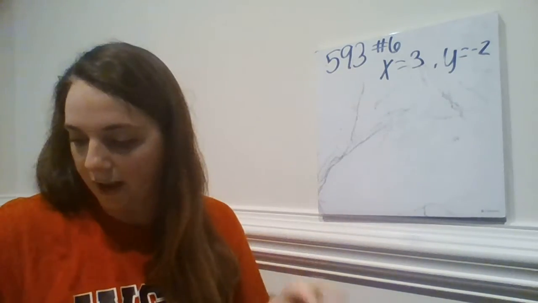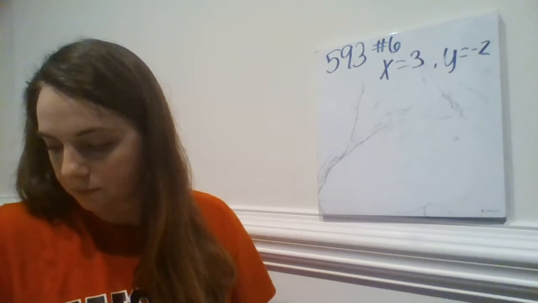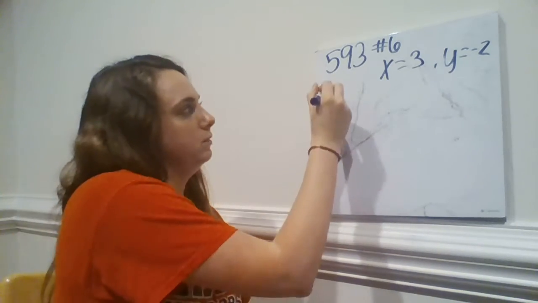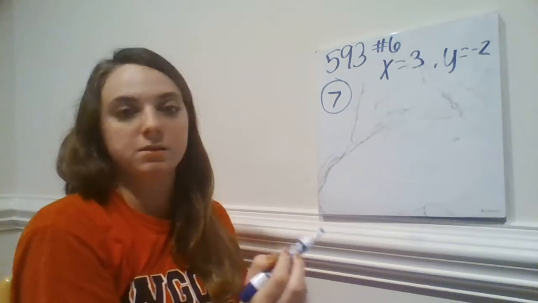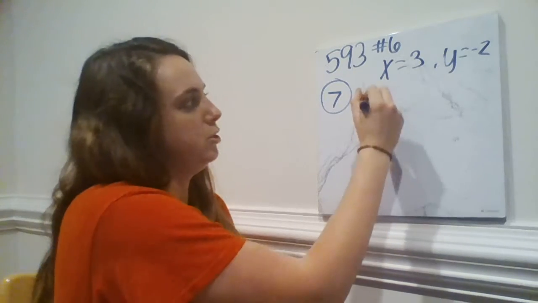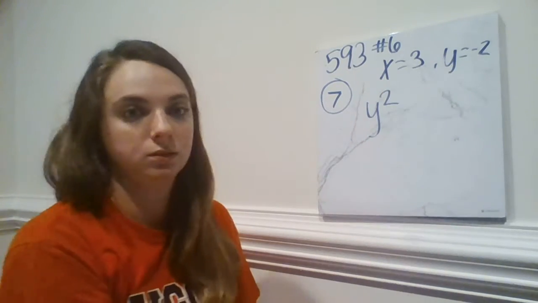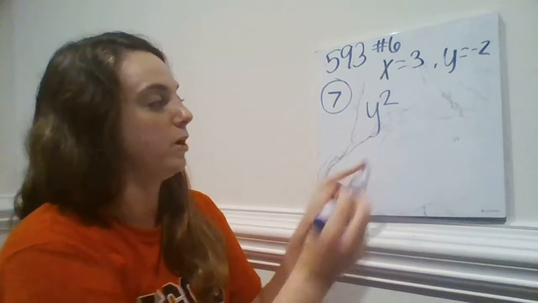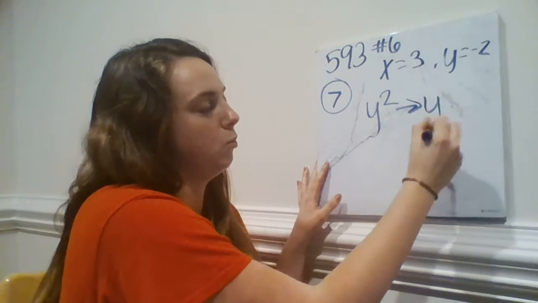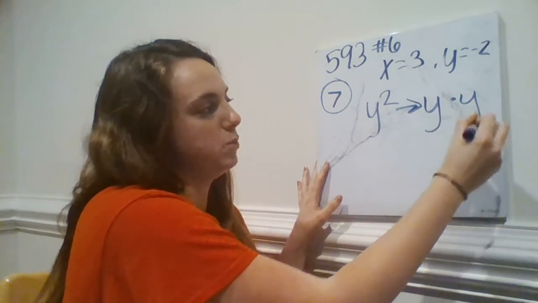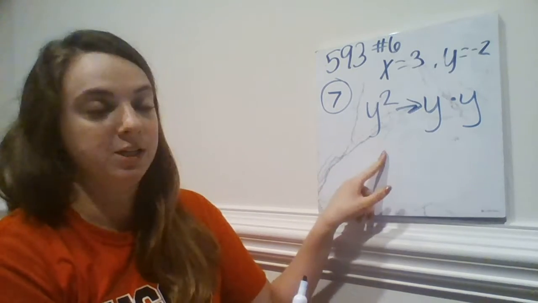Let's look at number 7, right there next to number 6. This one's a little bit weird because you have a y squared. Okay, so a square means that you're going to be doing y times y. So replace what you know.